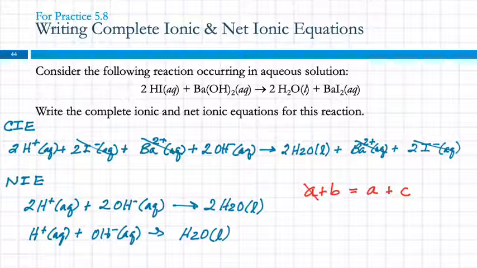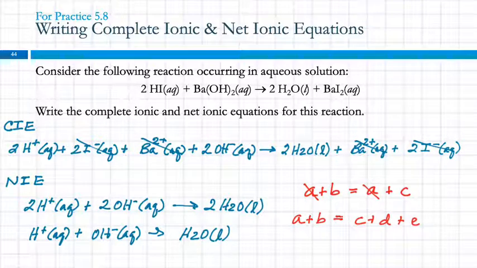So like 4, 2, and 6 would be 2, 1. But if you had A plus B forms C plus D plus E, nothing's the same, then they all stay. So it's possible to have a net ionic equation and a complete ionic equation that are the same. It's unusual, though. Any other questions?